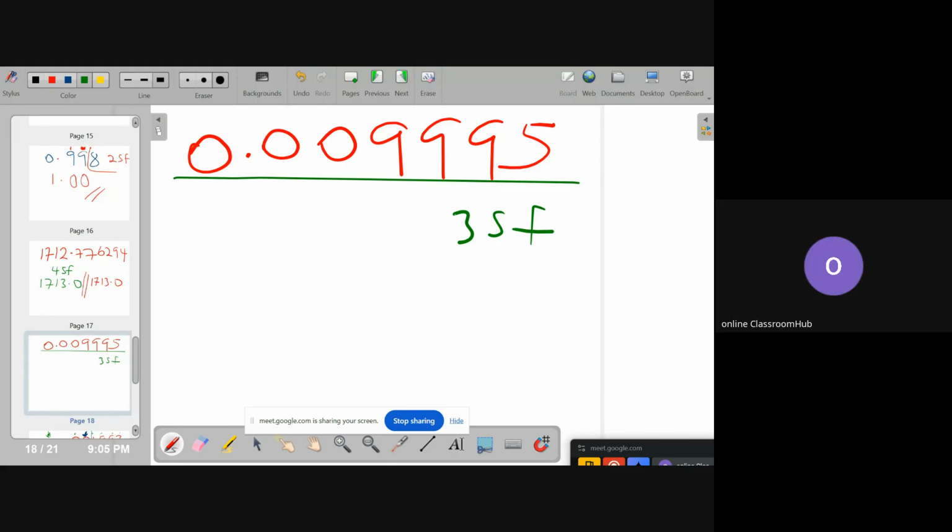It's 9, right? Good. Once you are able to locate your first SF, which is this 9, every number that follows it is also significant. So this is our first SF, this is our second SF, this is our third SF, our fourth SF. And since we are considering third, our emphasis will be on this one.